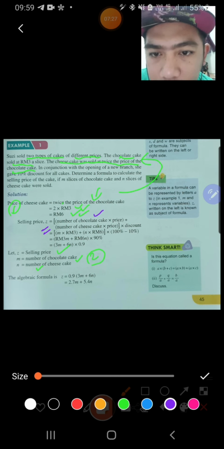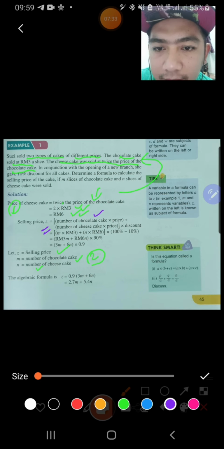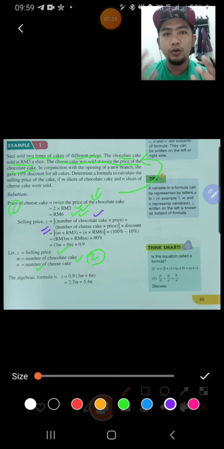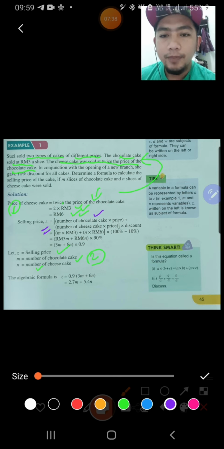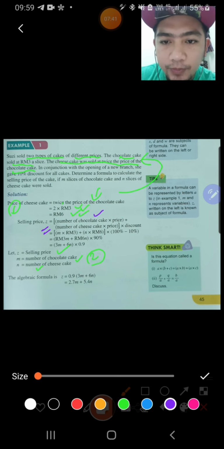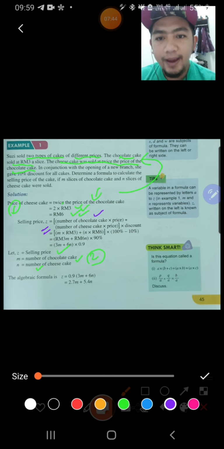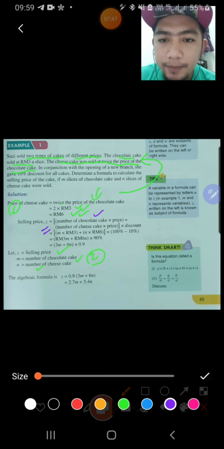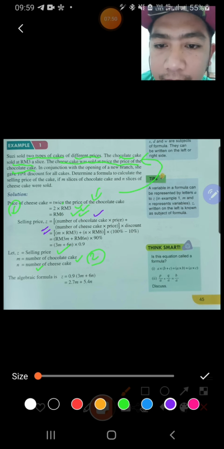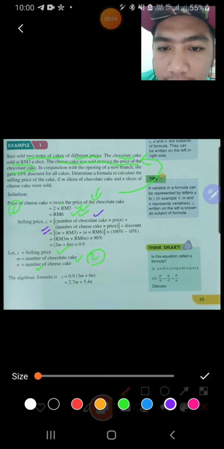Here M times RM3, where M is the number of chocolate cake. We don't know how many she sold, that's why we let it be M and multiply with the price, plus N times RM6. N is referred to cheesecake, times the discount.